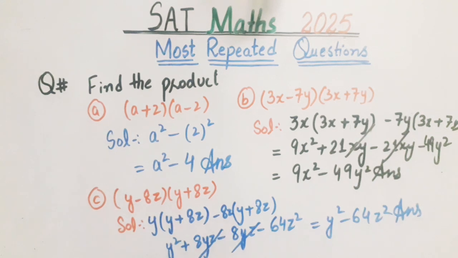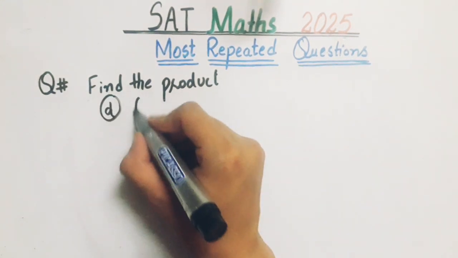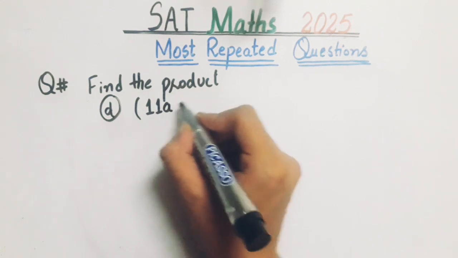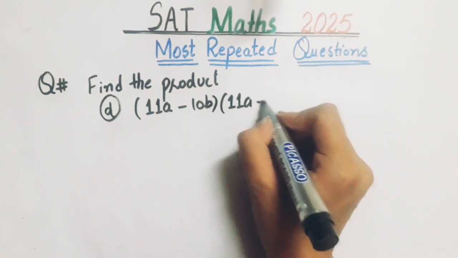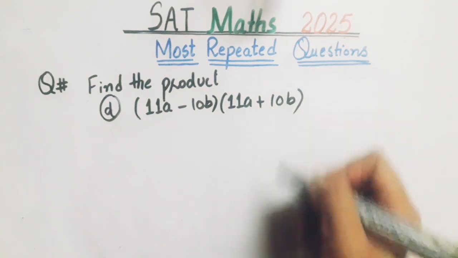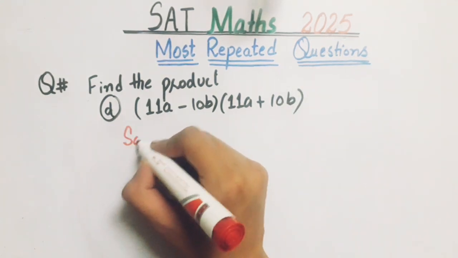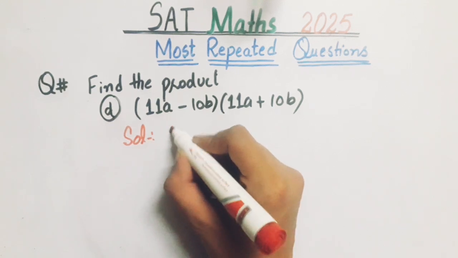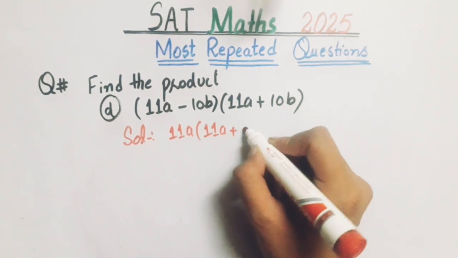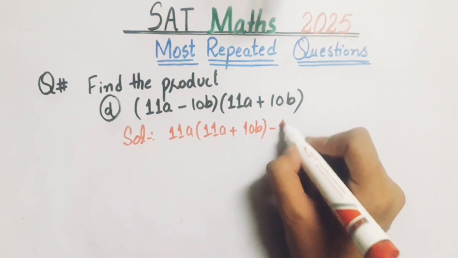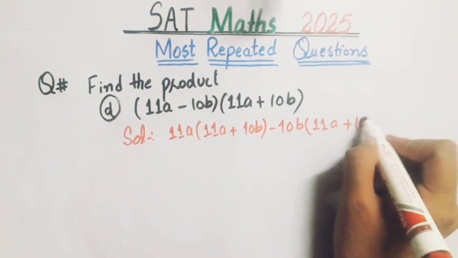Now we will solve the next one. Now we have 11a minus 10b into 11a plus 10b. So we will solve this. 11a into 11a plus 10b and minus 10b into 11a plus 10b.